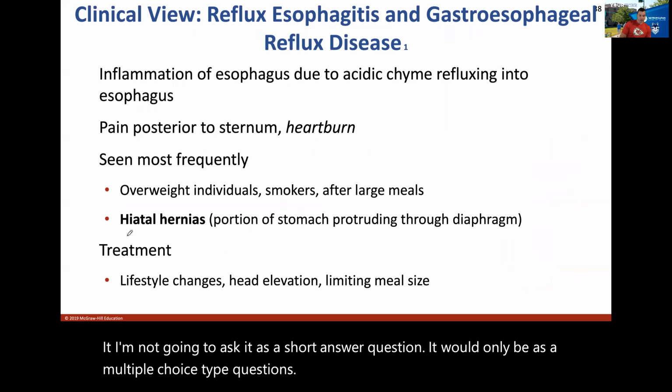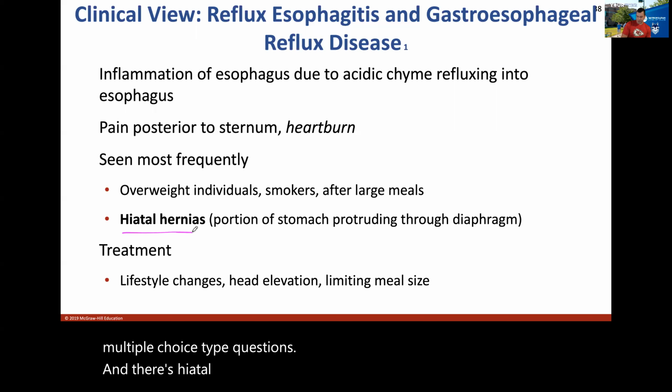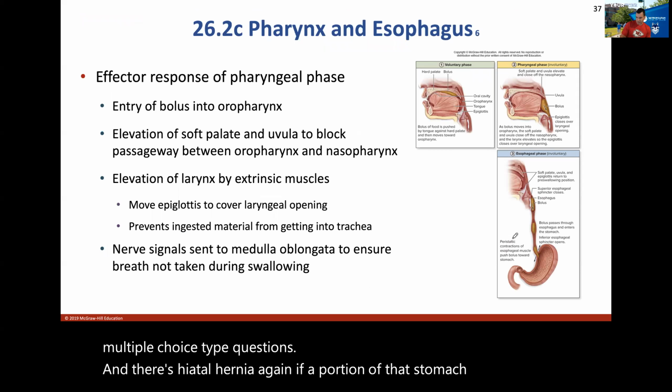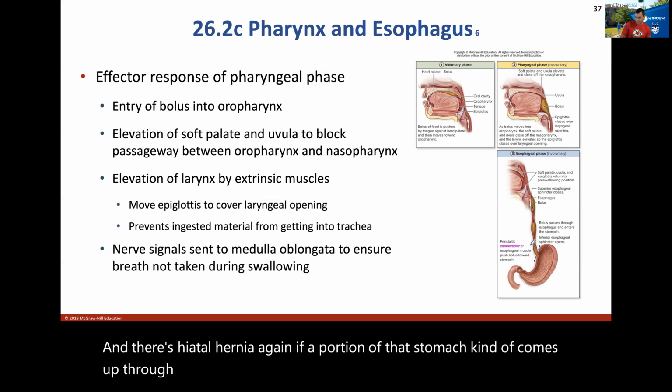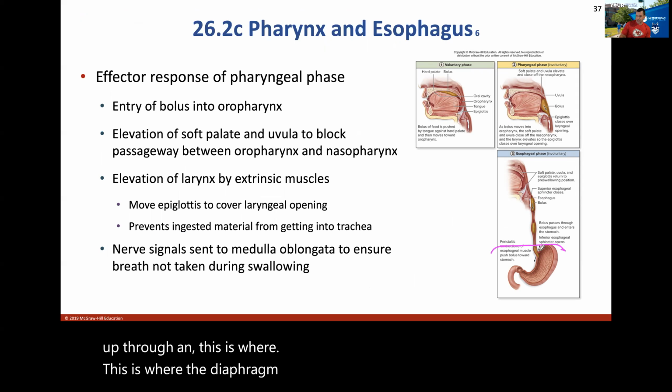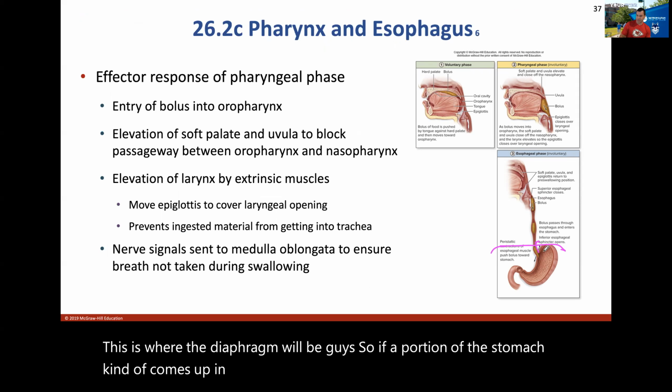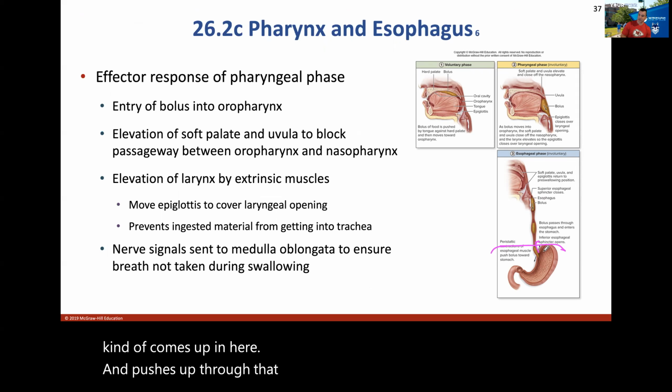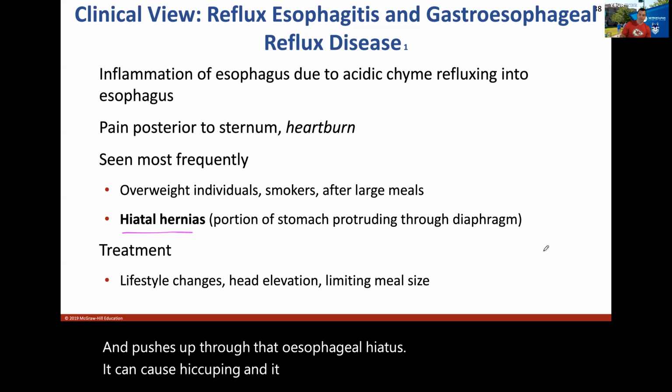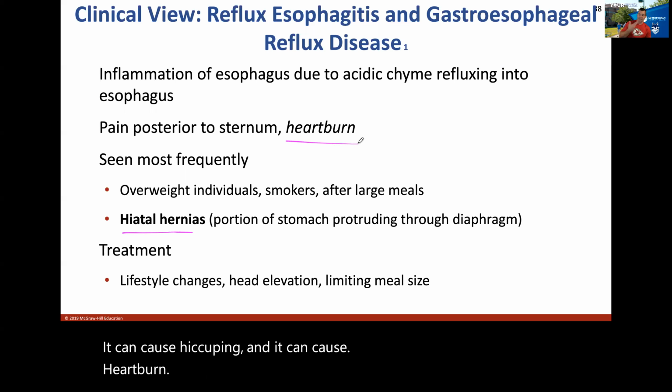And there's hiatal hernia. Again, if a portion of the stomach comes up through, and this is where the diaphragm will be, guys, and pushes up through that esophageal hiatus, it can cause hiccuping, and it can cause heartburn as we get that acidic juice coming back up from the stomach into the esophagus.